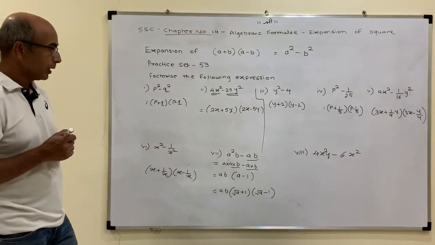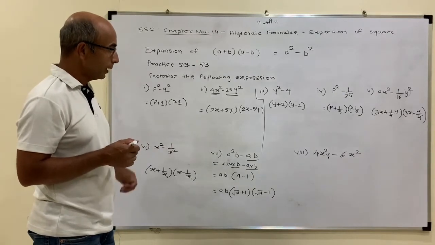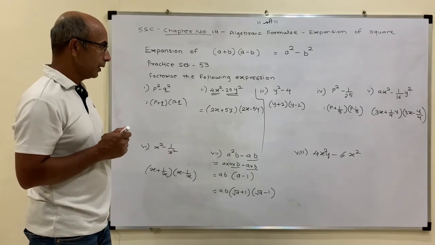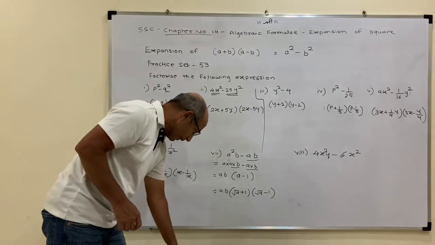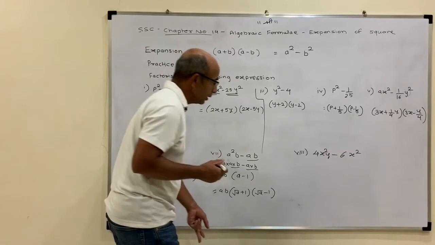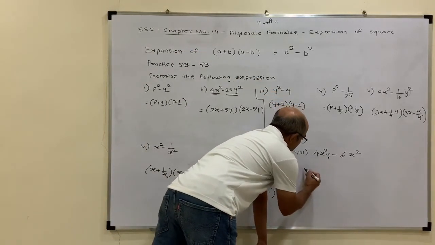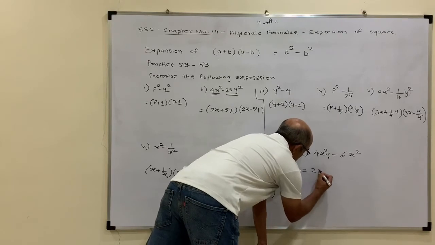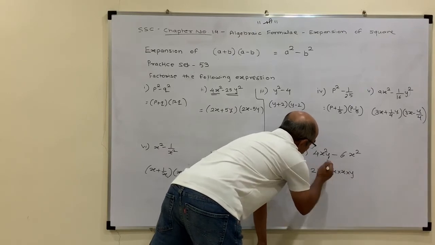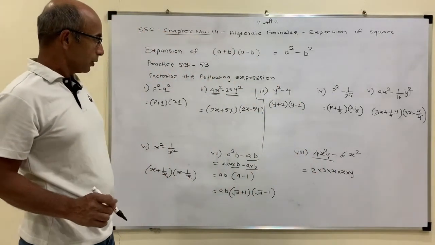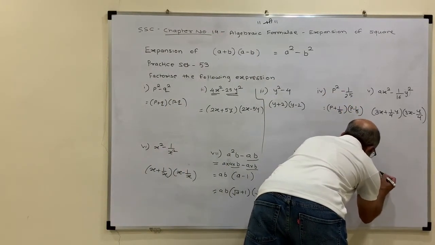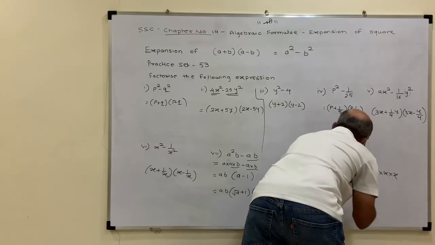Now the eighth one. See, 4x square y, it's similar, and then there is a 6x square. Now 6 and 4 are there. So I have an option: I factorize 4x square y as 2 into 2 into x square into y, and I factorize 6x square as 3 into 2 into x into x.